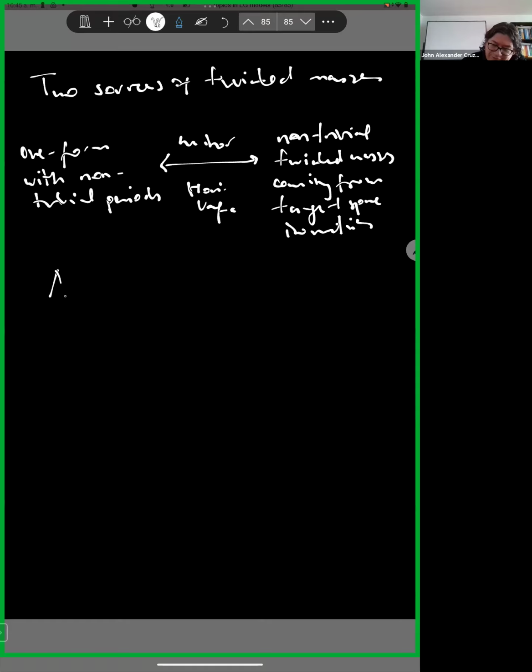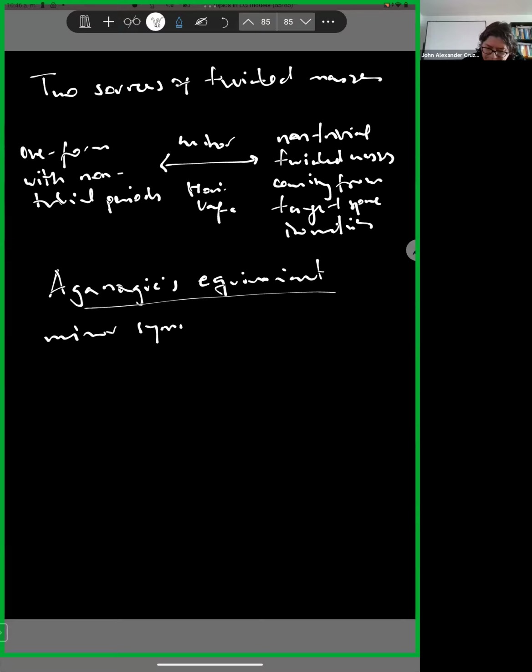So let me just call it Aganagic equivariant mirror symmetry. There's a series of papers by Aganagic where she described this program.